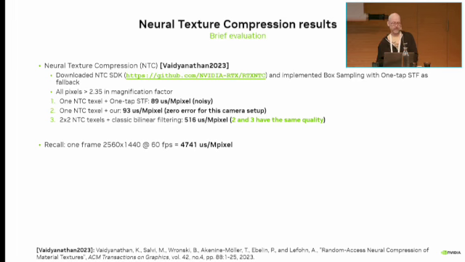With our method, we got 93 microseconds, so it's a little bit more expensive, but not that much. When we did 2x2 NTC texels, however, this is classic bilinear filtering but done in software, it was a lot more expensive. But yeah, cases 2 and 3 have exactly the same quality in this case.